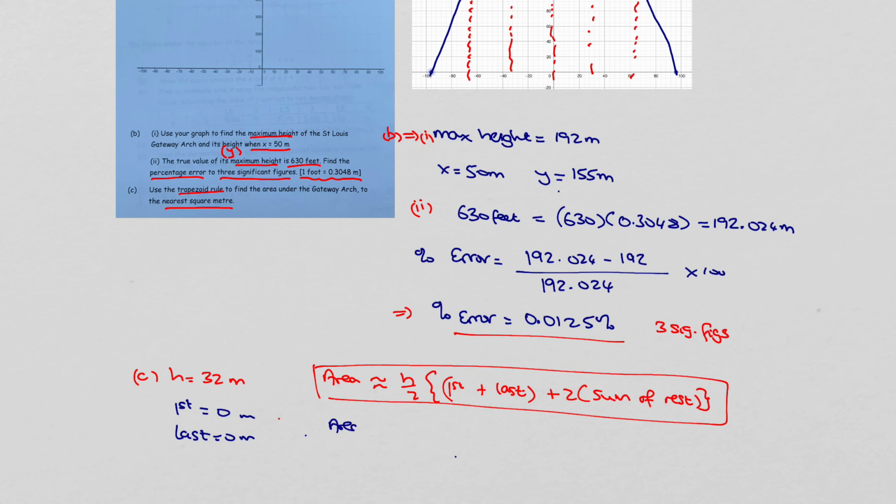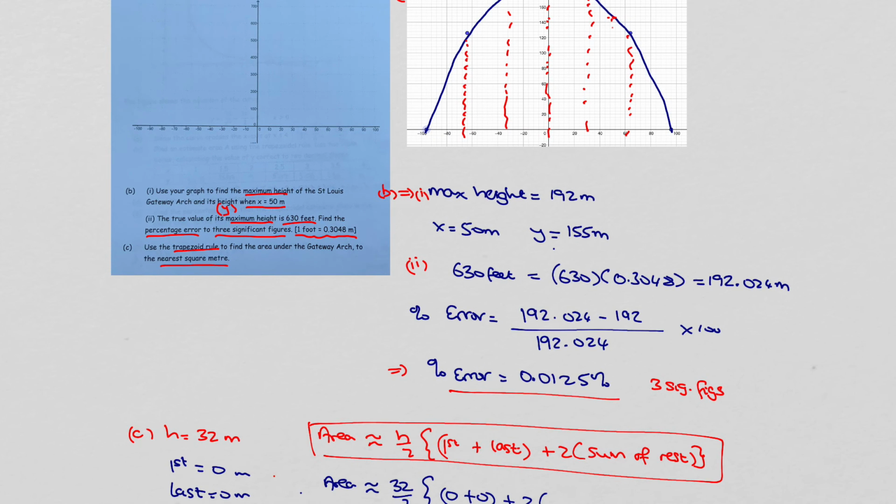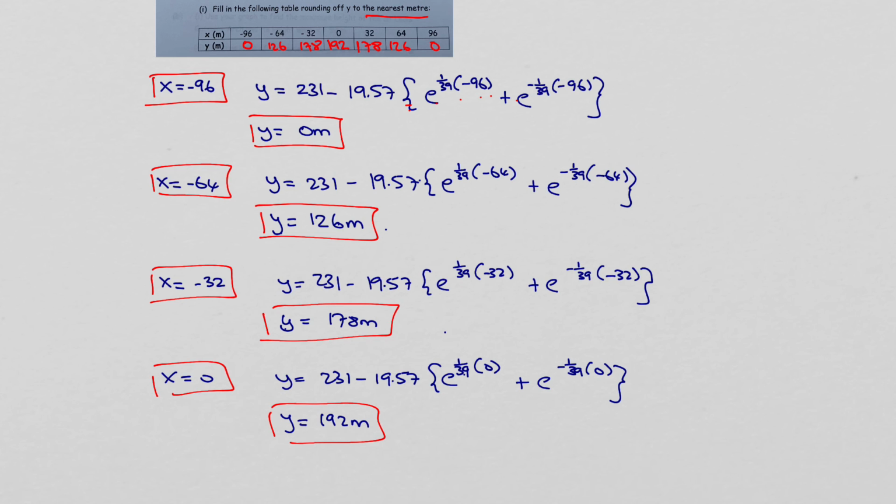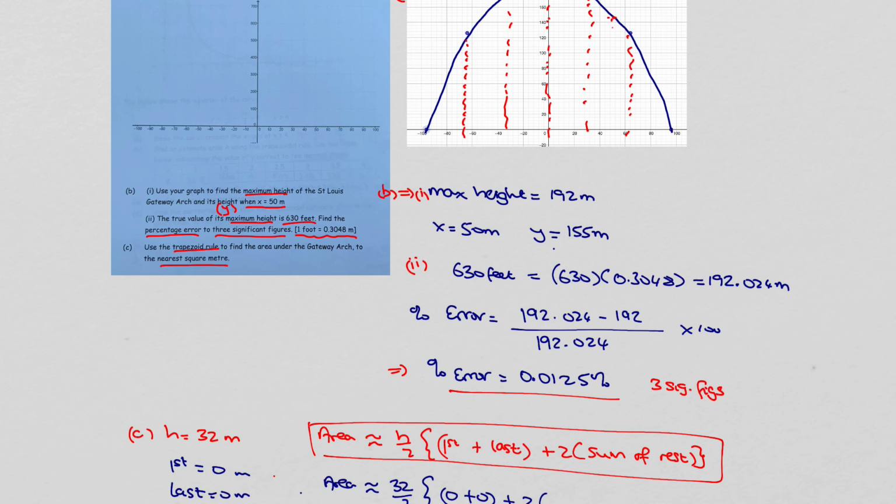So therefore I can say the area is approximately equal to 32 divided by 2. First and last is 0 plus 0, plus twice the sum of the rest of the heights. These heights here are my y-coordinates. If I go back, my y-coordinates were 126, 178, 192, 178, and 126.